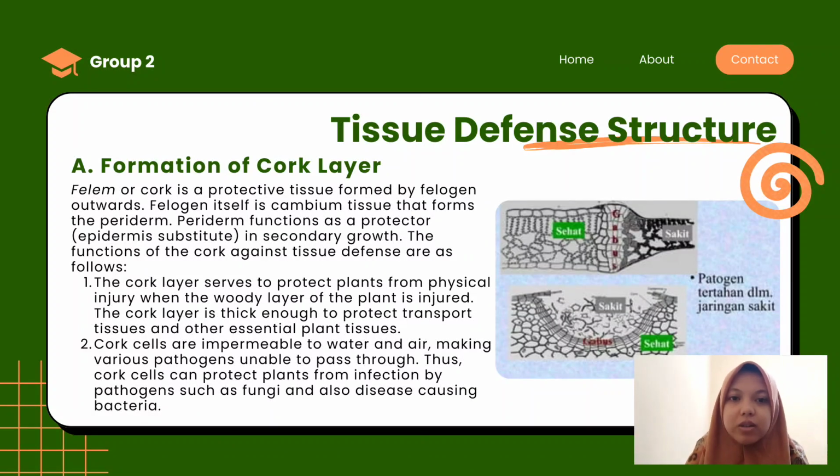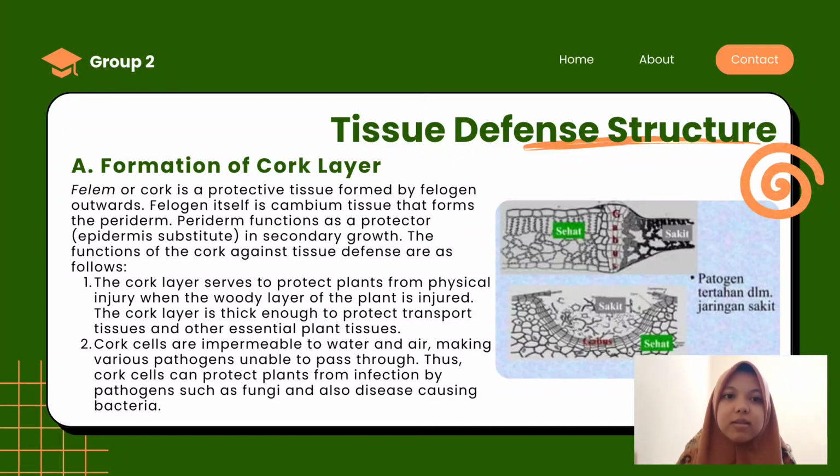Tissue defense structure. A. Formation of cork layer. Phellem or cork is a protective tissue formed by phellogen outward. Phellogen itself is cambium tissue that forms the periderm. Periderm functions as a protector or epidermis substitute in secondary growth. The functions of the cork in tissue defense are as follows. 1.